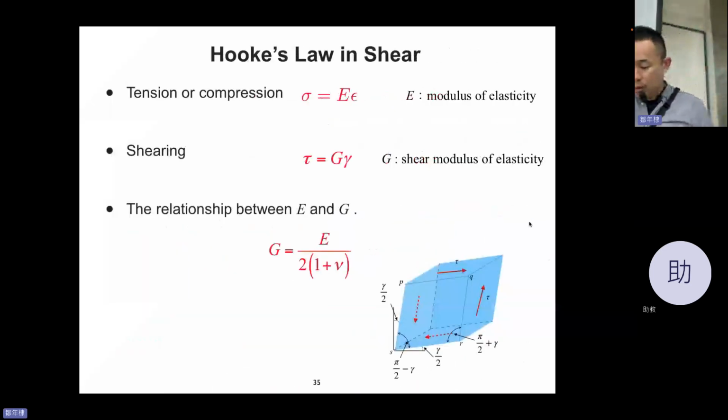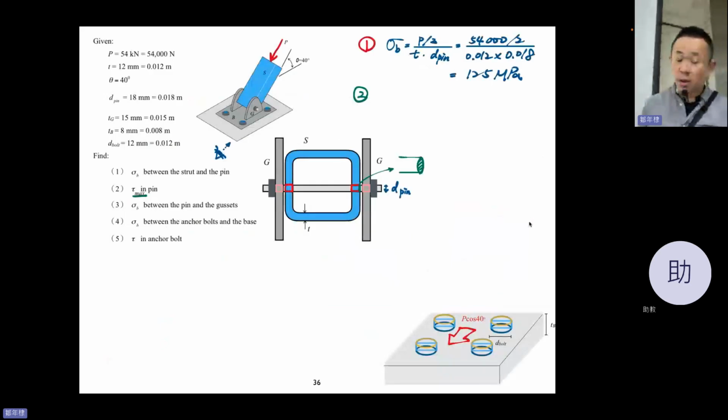So last time we talked about a really complicated problem with a strut subjected to a force at a 40-degree oblique angle, trying to push the strut to the ground.